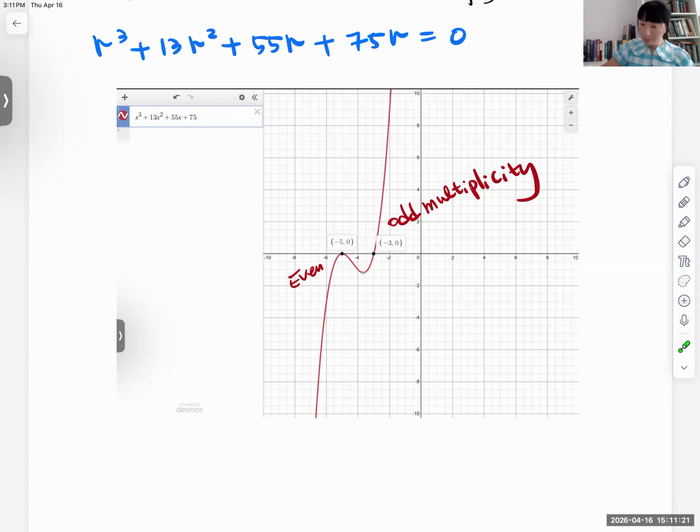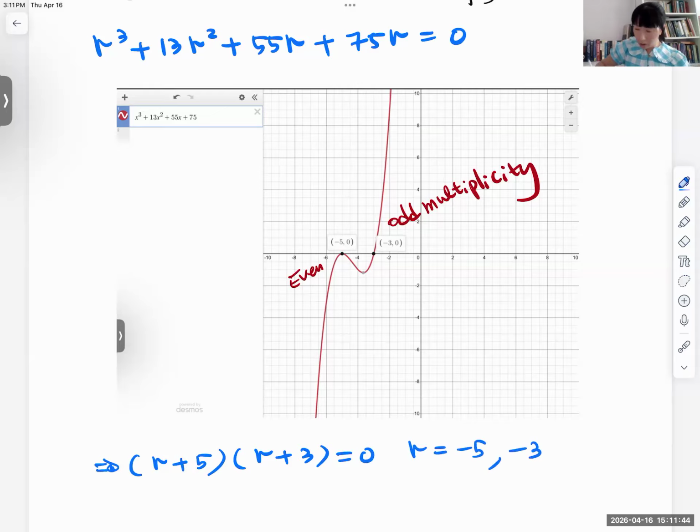So look, this will be r plus 5 and r plus 3, because if we find the roots, there will be r equal to -5 and -3, right? So they have -5, -3, right?